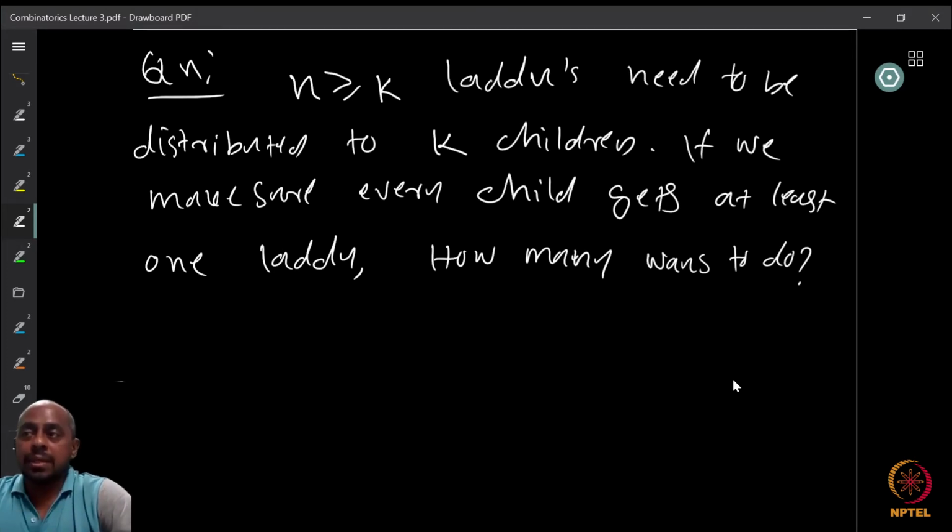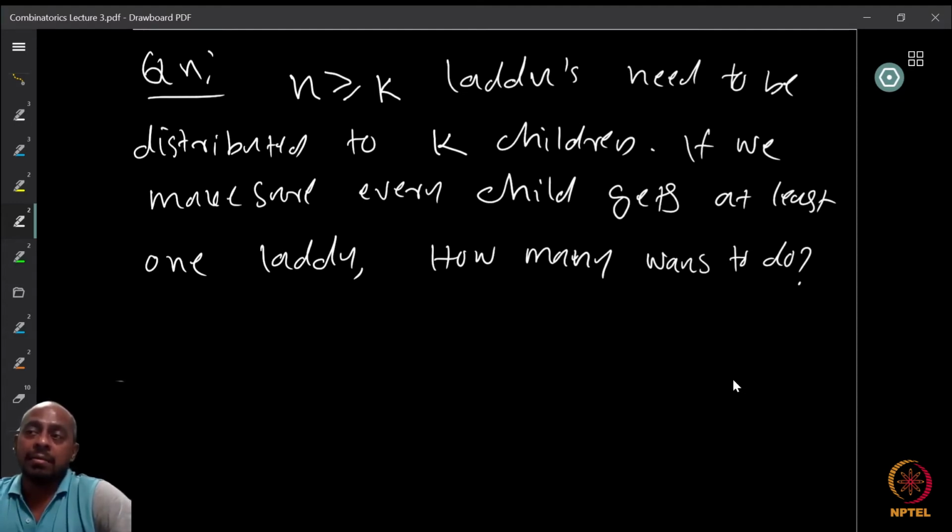Now the question is how many ways we can distribute the laddus. One can immediately see that this question is precisely the question of composition, right? You can assume the number of laddus received by each of the k children to be the values taken by the xi's, and they sum to n.